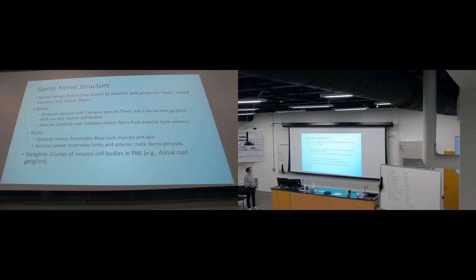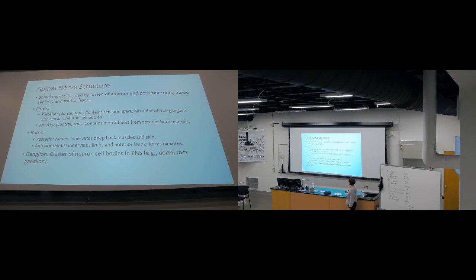And then after these nerves emerge from the spinal cord, they split into rami. The ramus that goes anteriorly is called the anterior ramus, and the one that goes posteriorly is called the posterior ramus. They innervate different parts of the body.